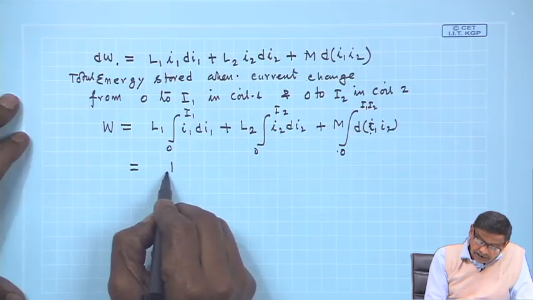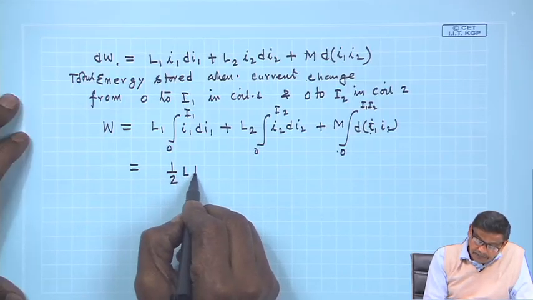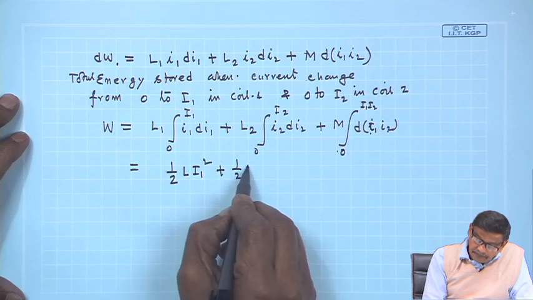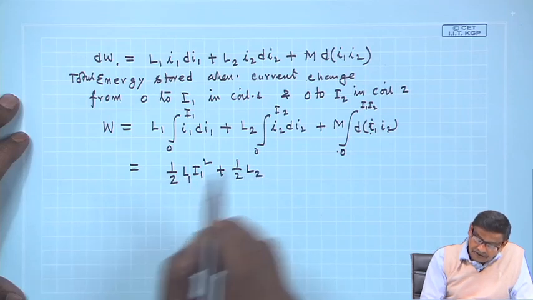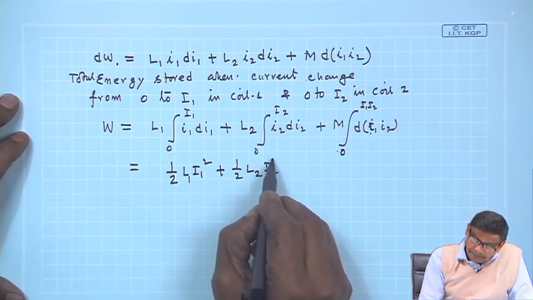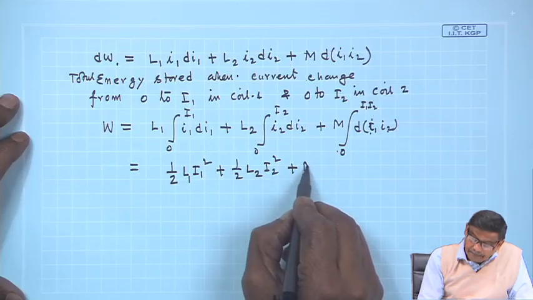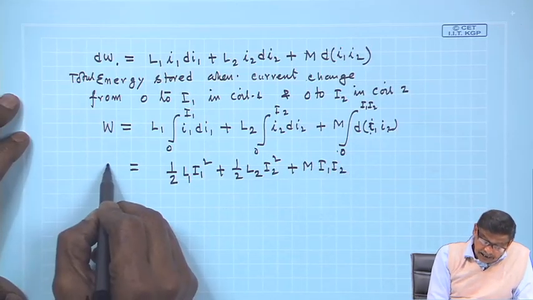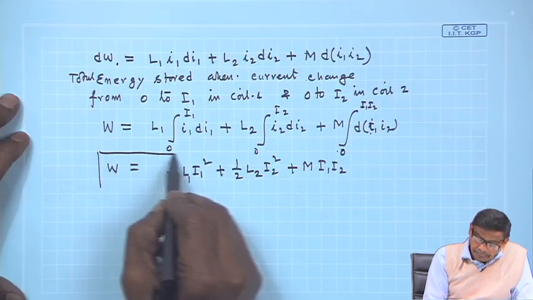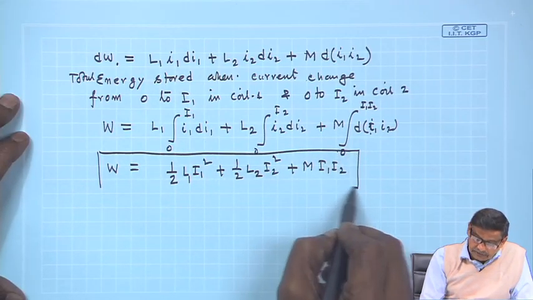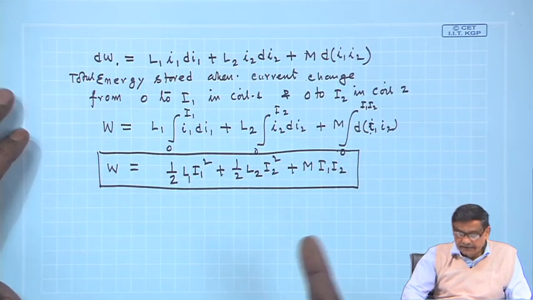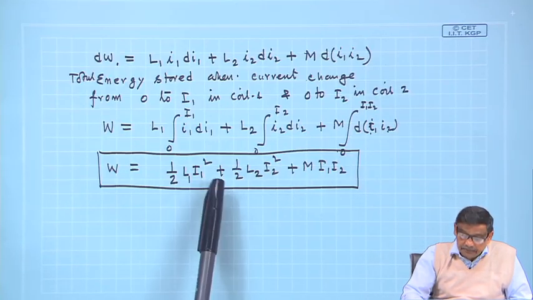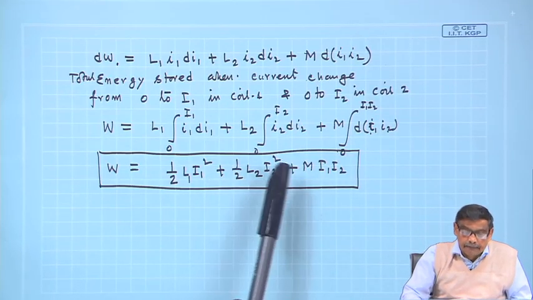So, if you calculate this, it will be half L1 I1 square plus half L2 I2 square and plus M into I1 I2. So, the energy stored in coupled coils when it carries some current I1 and I2 is given by this.